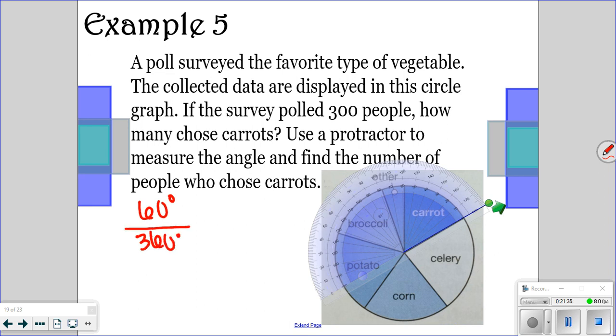There are 360 degrees in the total circle. So 60 out of 360 is 1/6. And so we need 1/6 of the total number of people, which is 300. So a sixth of that would give us 50 people. So that's the number of people that wanted carrots. Okay, so that's how you can do those.